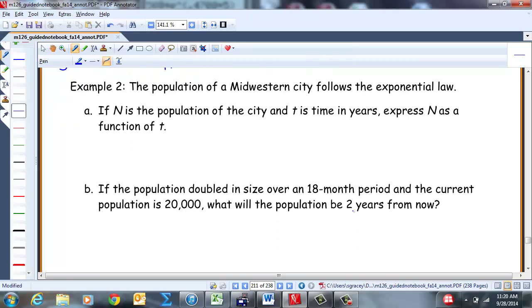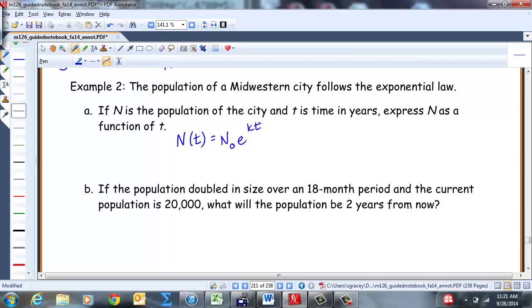Great. Okay. So the population of a Midwestern city follows the exponential law. If n is the population of the city and t is time in years, express n as a function of t. So again, what are we going to do? You got it. Good job. N at t is equal to n0 times e raised to the k times t.